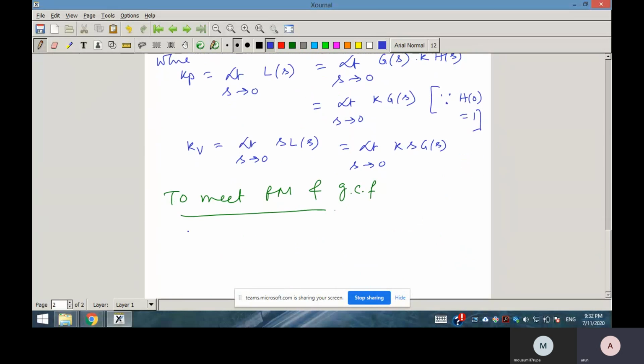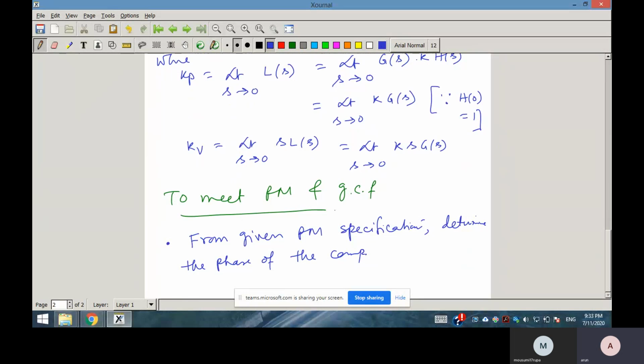I will write that one later. So determine first, from the given phase margin specification, the phase of the compensated system.